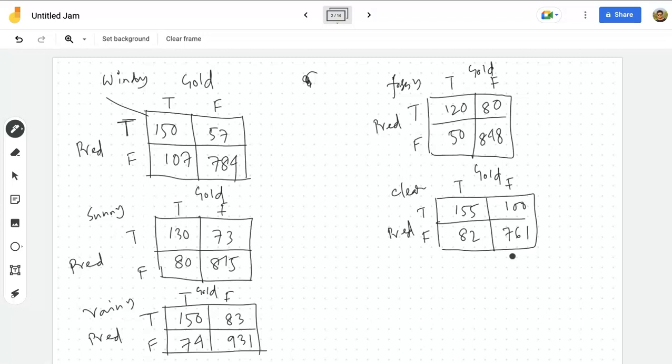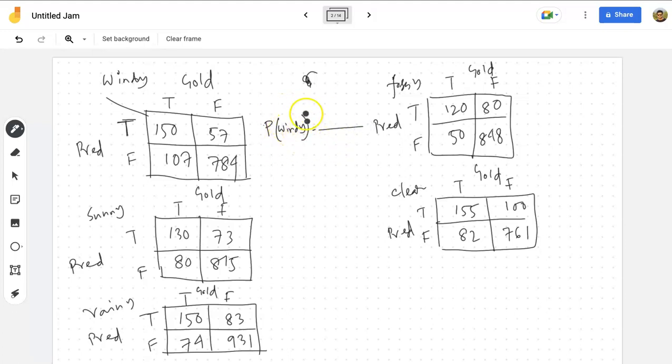Now how can we calculate the precision and recall from this table? If you recall the formula, I'm just writing precision as P. So precision for windy. What is the precision formula?